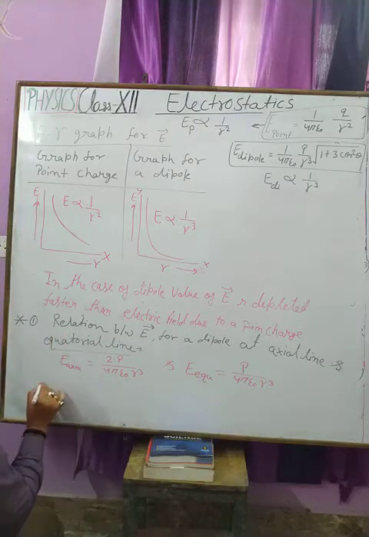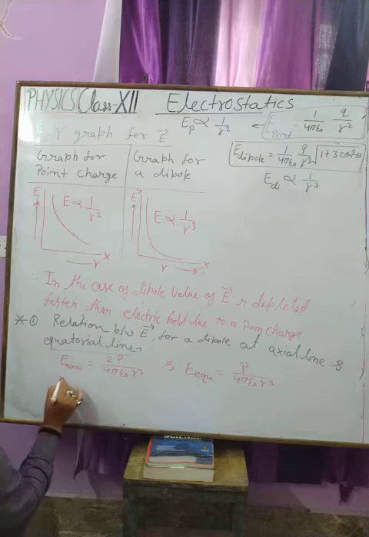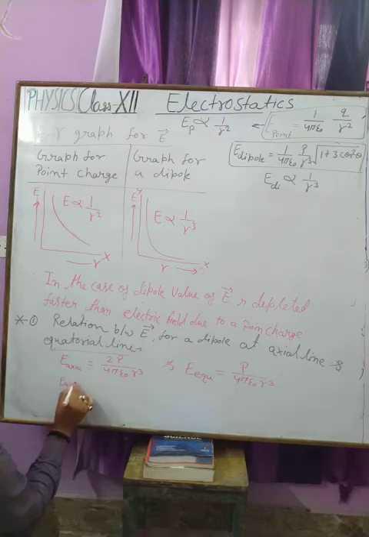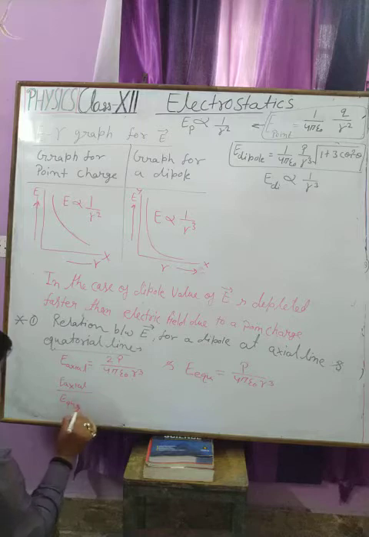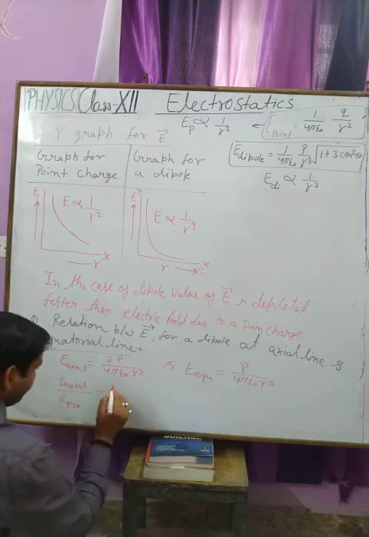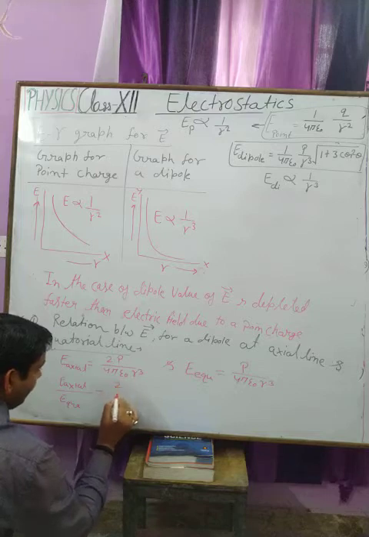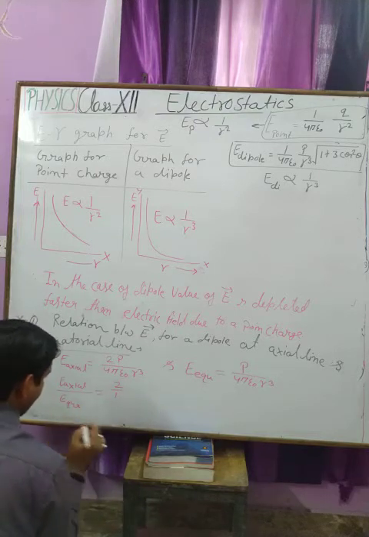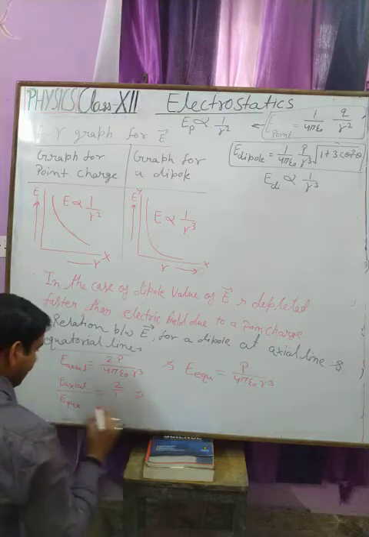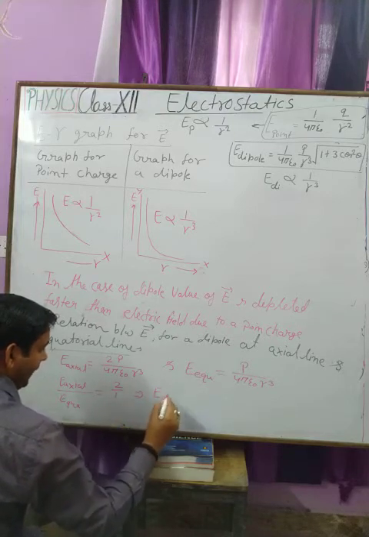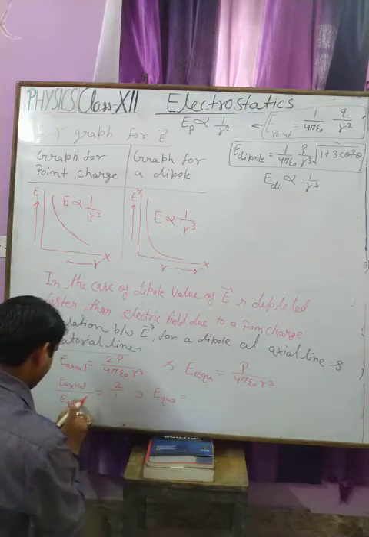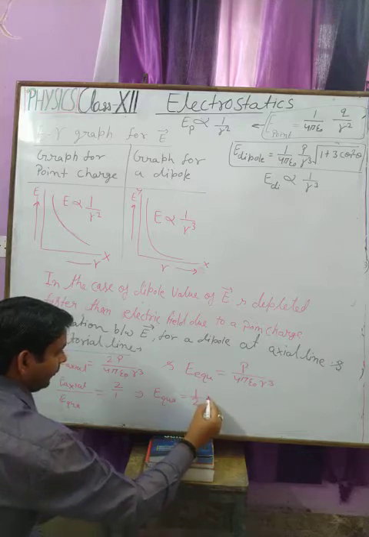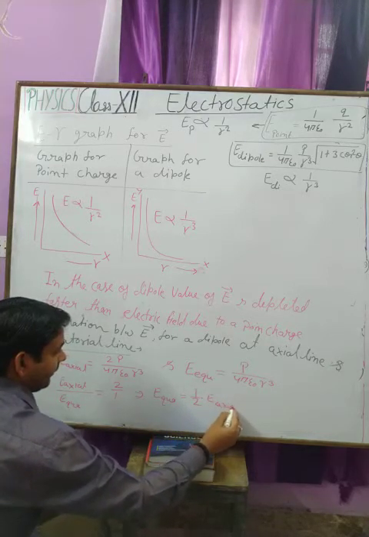So student, by dividing the axial and electric field at equatorial, we are getting 2 upon 1. So we calculate from here that the value of electric field at equatorial is equal to 1 by 2 electric field at axial.